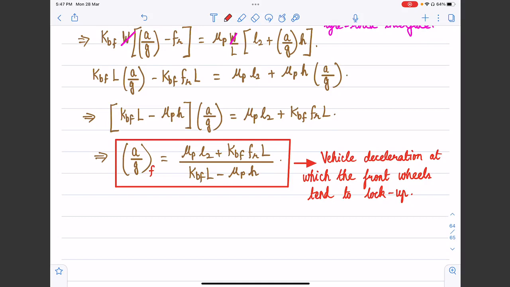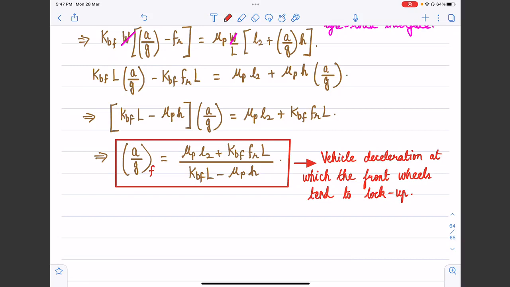When L1, L2, and H vary, the brake force distribution will vary, and also the value of A by G subscript F varies. For example, let us say A by G subscript F comes as 0.6. What does that physically mean? When the vehicle deceleration is 0.6 times G, the front wheels will tend to lock up.